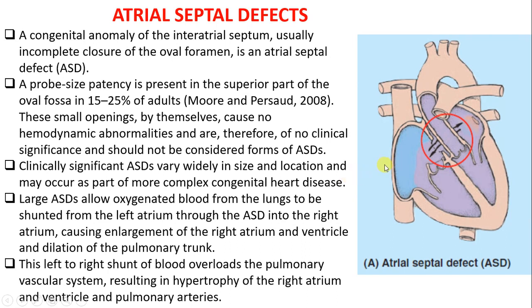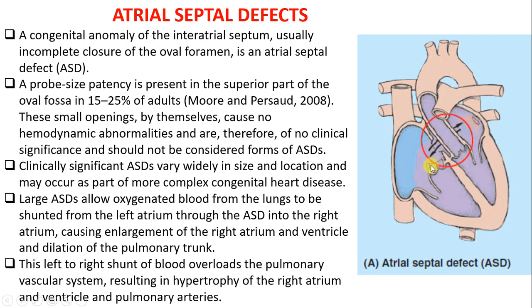A large ASD allows the oxygenated blood from the lungs to be shunted from the atrium through the ASD into the right side, and this will cause enlargement of the right atrium and ventricle, and also the pulmonary trunk will dilate.